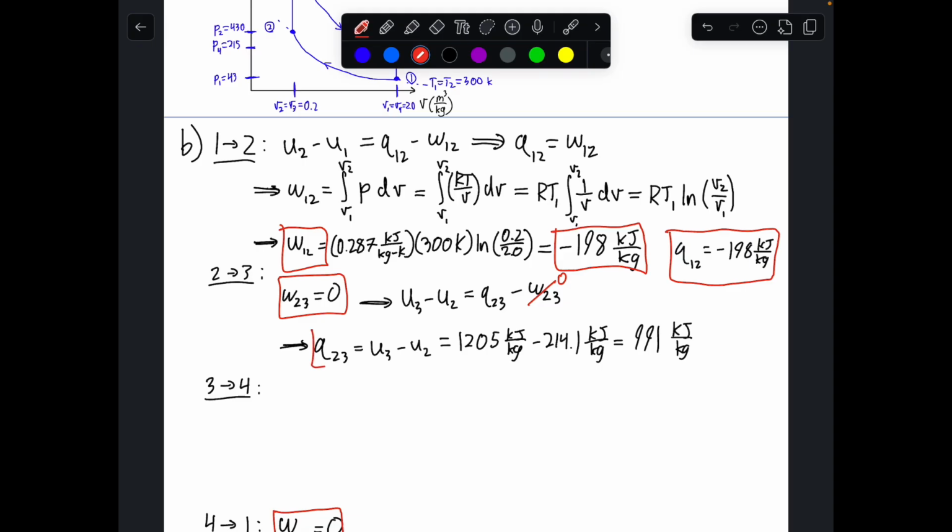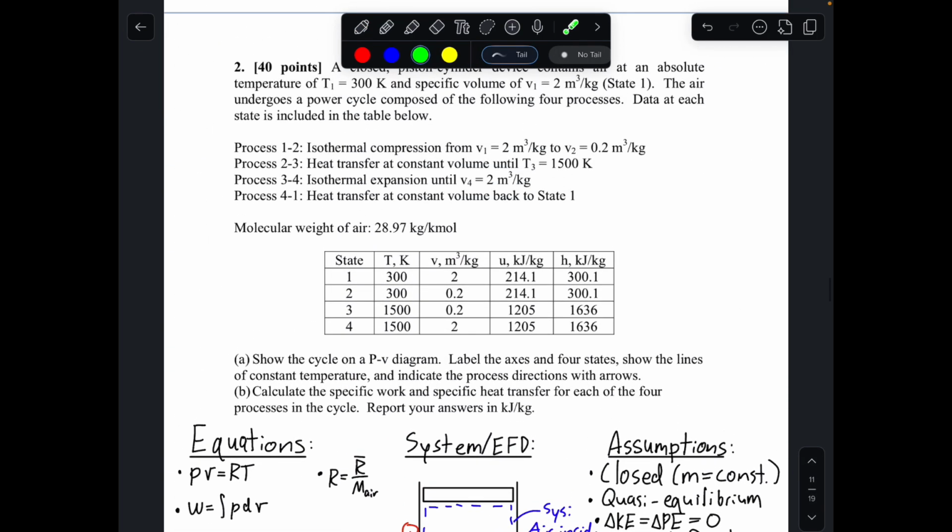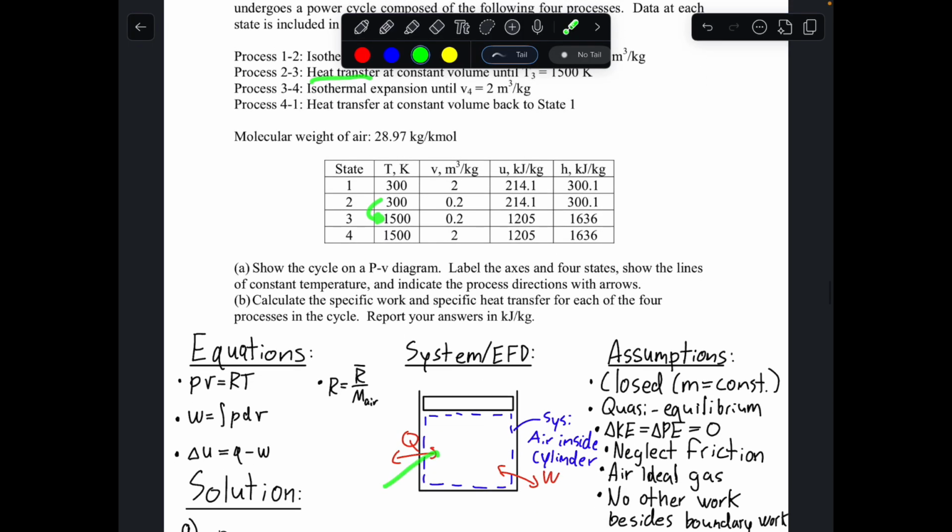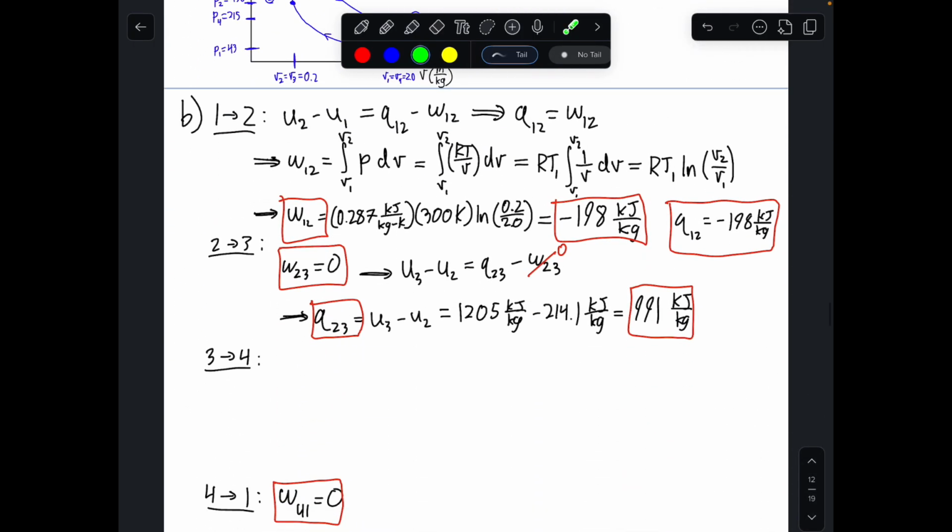So this is going to be our heat transfer from 2 to 3, and it's positive. Make sure that makes sense with the problem. Remember, from 2 to 3, we have here heat transfer into the system at a constant volume because we're increasing this temperature from 2 to 3. So we expect a positive value for heat transfer because we have positive heat transfer if it's being done into the system. So that makes sense.